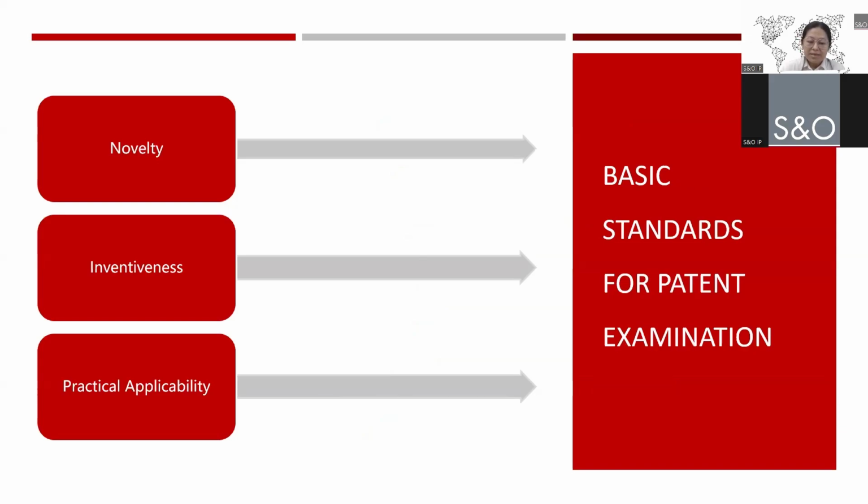The invention must have prominent substantive features and represent a significant improvement compared to the existing technology. Practical applicability. The invention or utility model can be manufactured or used, and it can produce effective result.